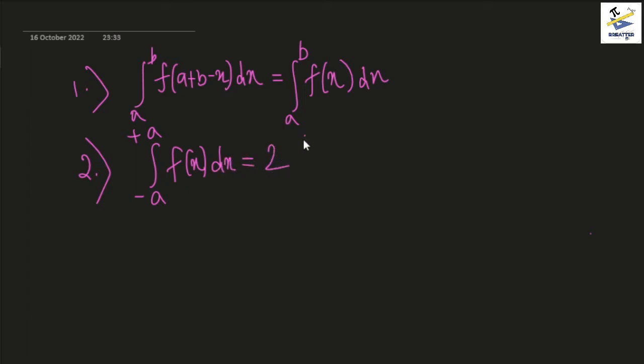Two times the integral from 0 to a, and this happens only if the function is even. So I will write it down.